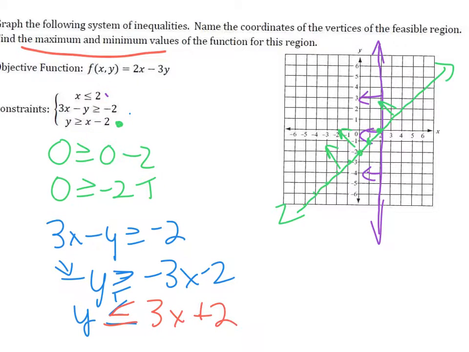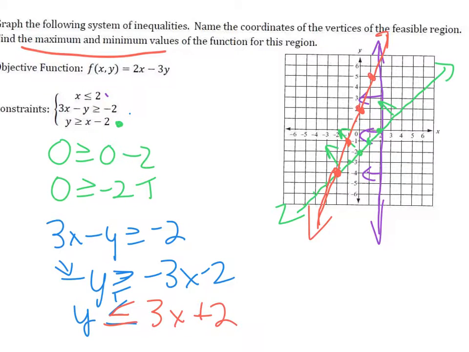So if I do that, all right, so 3x plus 2, so I'm going to go up 3 over 1, and we're going to go back like so. And there's going to be my line right there. And I'm guessing I'm going to go back down towards this.